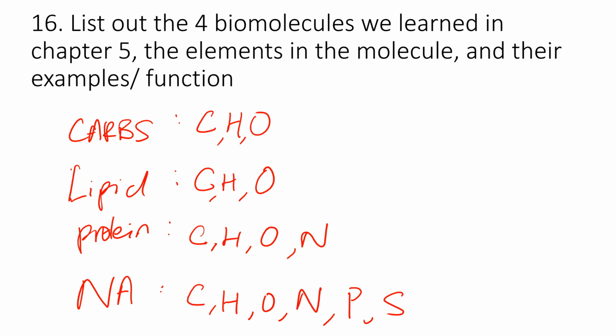Okay, so the examples of carbs are those that end in -ose. You also need to remember the 4 polysaccharides, right? Such as starch, glycogen, chitin, and cellulose.